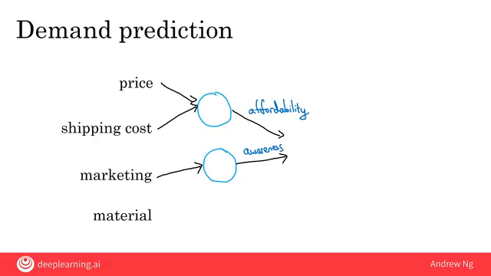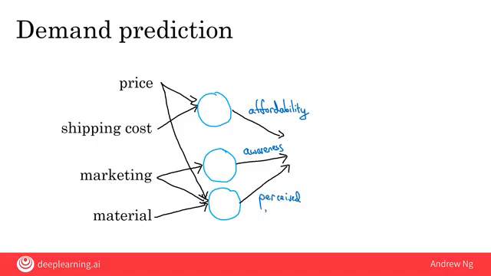Finally, the perceived quality of your product will also affect demand, and perceived quality would be affected by marketing, if the marketing tries to convince people this is a high quality t-shirt, and sometimes the price of something also affects perceived quality. So I'm going to draw here a third artificial neuron that inputs price, marketing, and material and tries to estimate the perceived quality of your t-shirts.